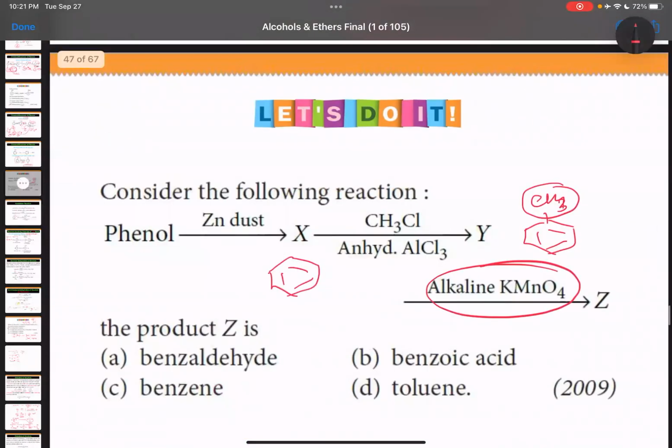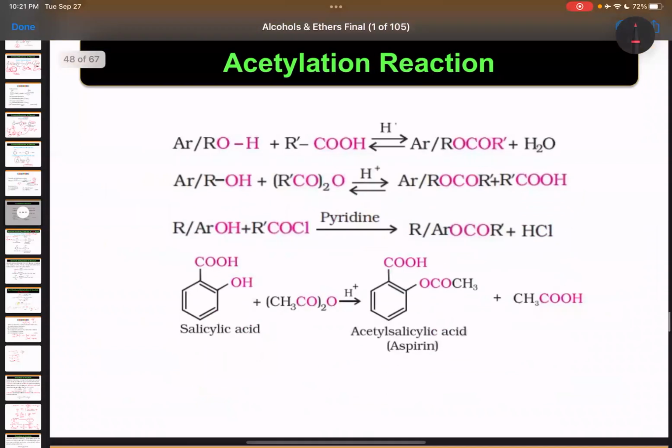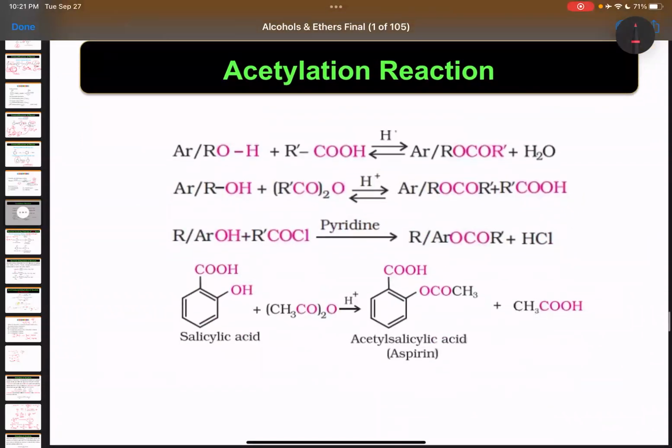So now let's go to another reaction. That is the acetylation reaction. What do you mean by acetylation? First of all, tell me. Sir, addition of the acetyl group on the alcohol or phenol. Yeah, correct.